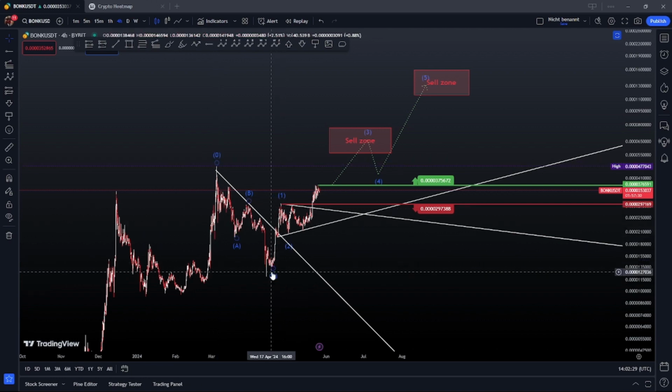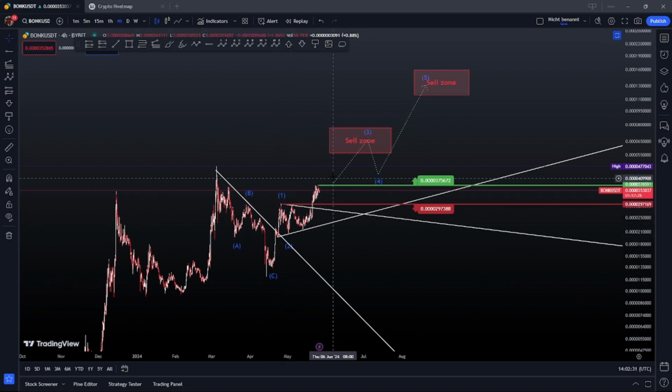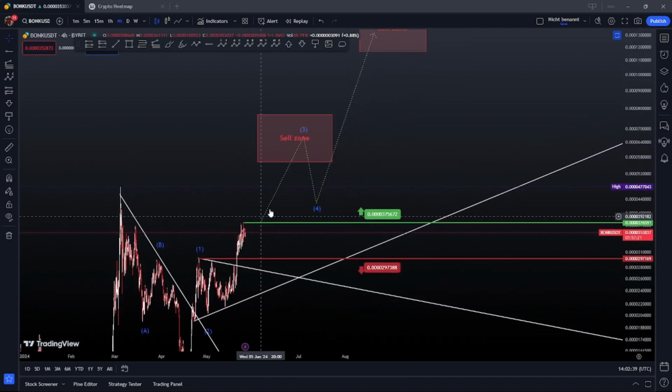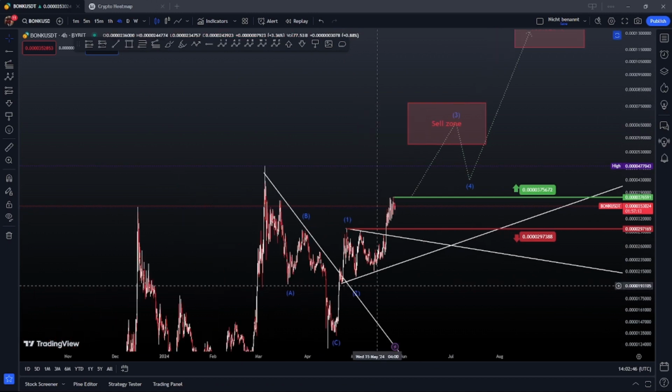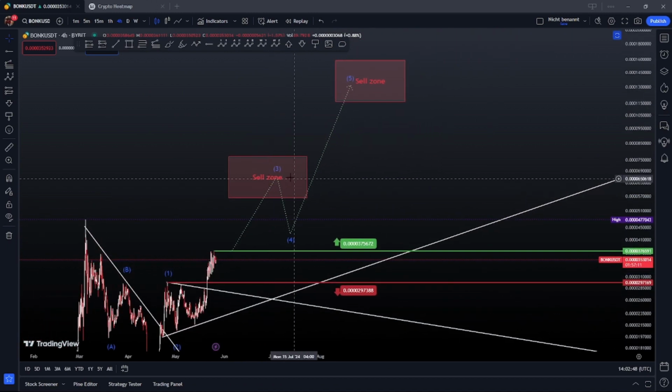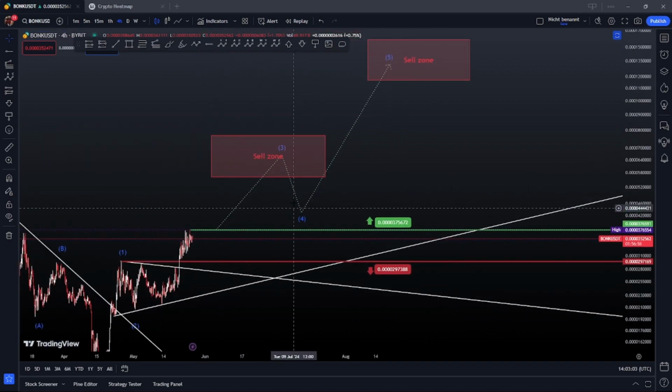Then we went up after the correction with a 1, 2, and now we are developing a 3 right now. This thesis is going to be validated by a break of this structure over here, and that will then lead to us going into the sell zone of our wave 3, and then we are finally going to go to our next buy zone over here up to the 4.